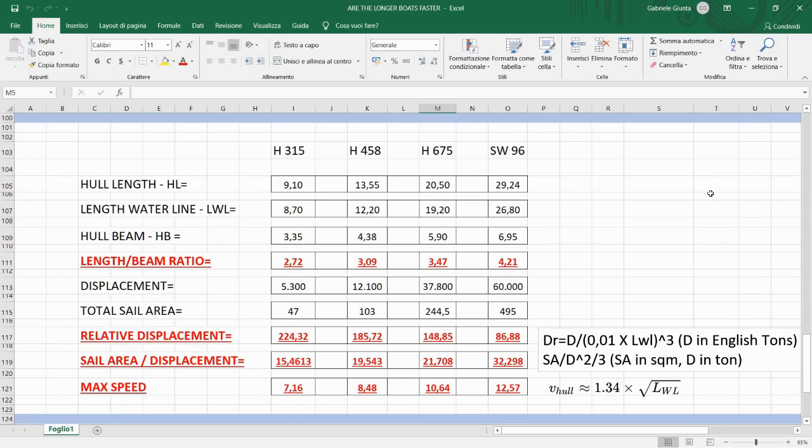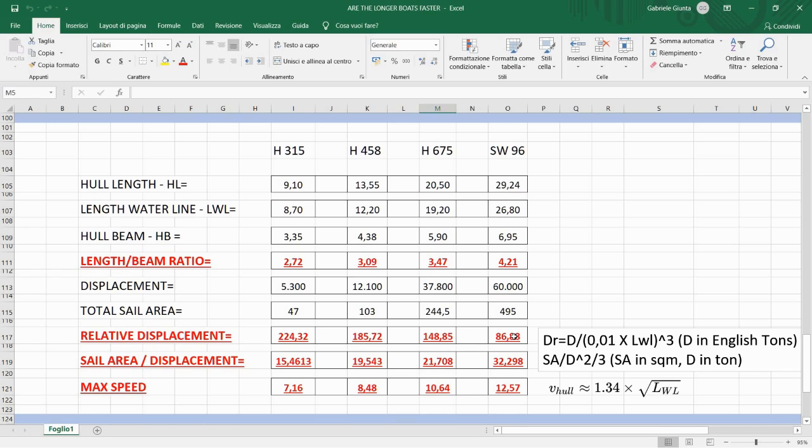So here is the recap. Basically, going from smaller boat to bigger boat, we have a better length beam ratio. We have a relative displacement going from 224 to 86, so the boat is lighter, relatively speaking.